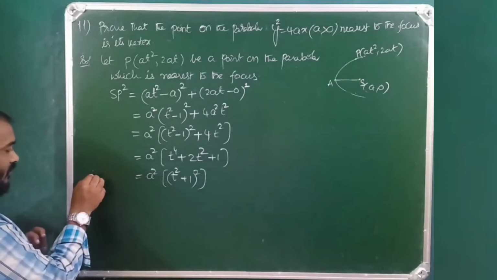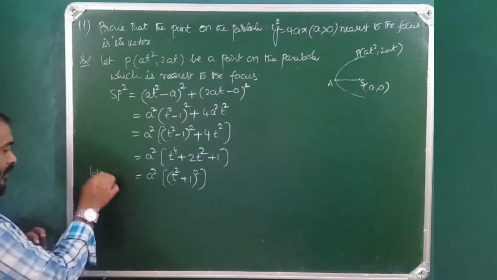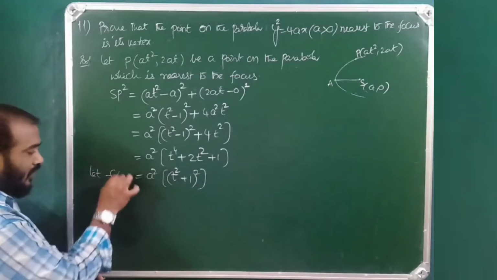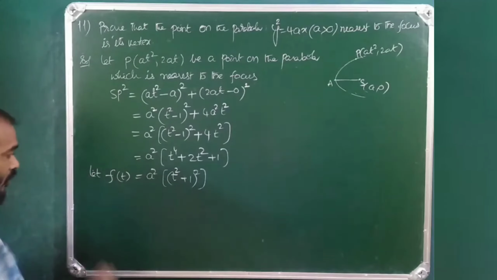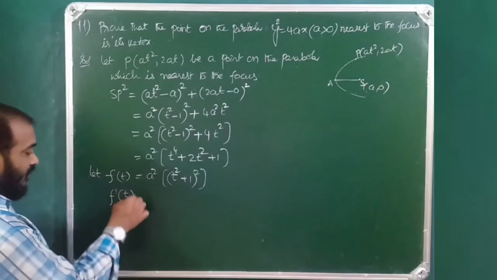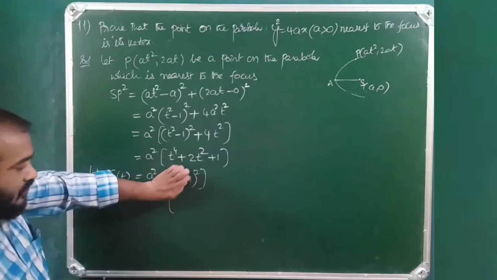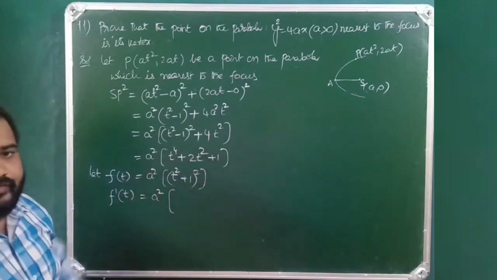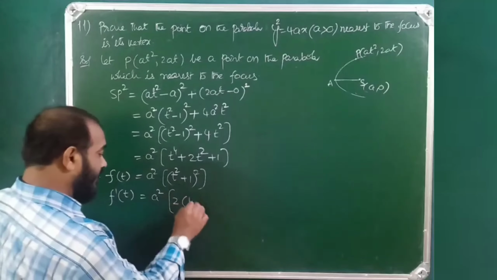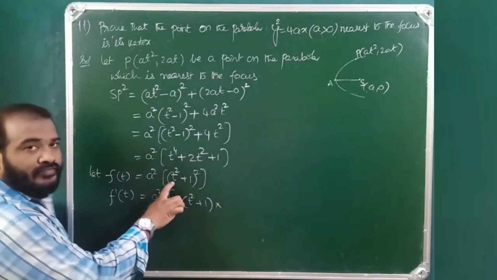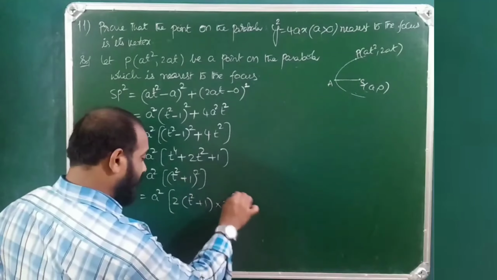Since this is in terms of t, this is a function of t, so I will take f of t. Now f dash t is equals to a square into, let us suppose this to be t square plus 1, derivative is 2 into t square plus 1 into d by dt of t square plus 1, which is 2t.